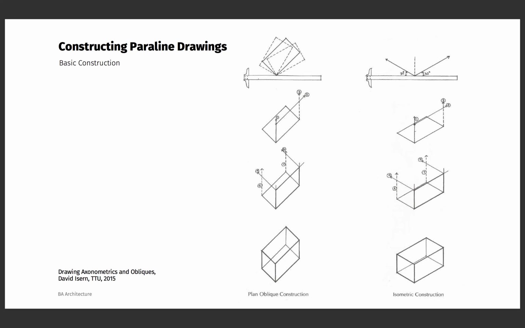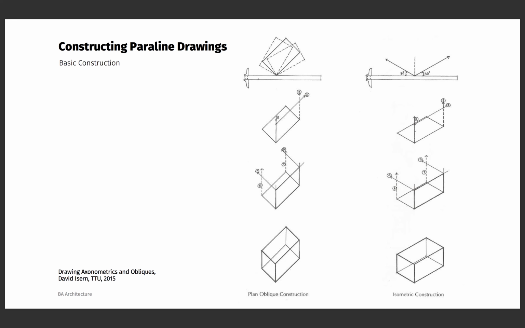So the first one is a plan oblique in this column on the left-hand side, and then isometric on the right. And you can see with the drawing of the T-square, you rotate your plan to begin the top left for a plan oblique drawing. You redraw it at an angle, 45 degrees, rotate it around. Then you draw up from that to create this three-dimensional quality.